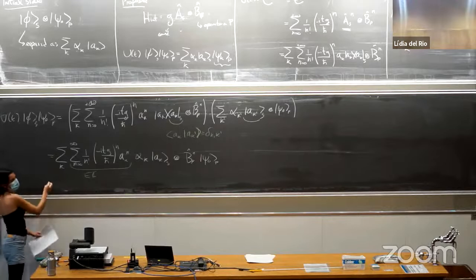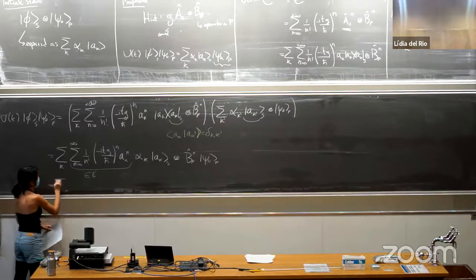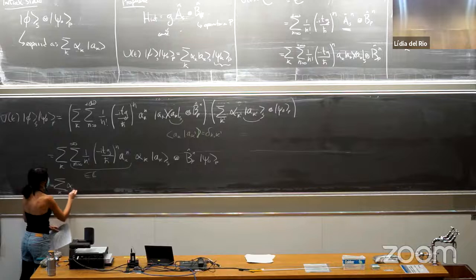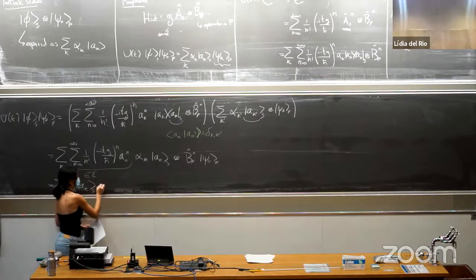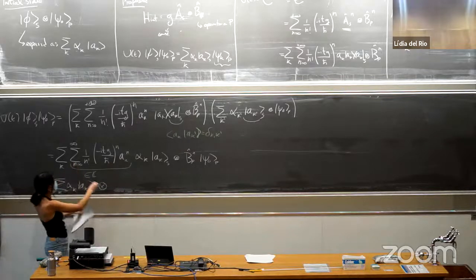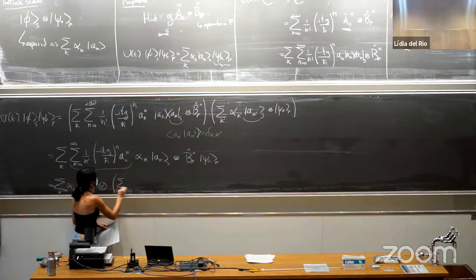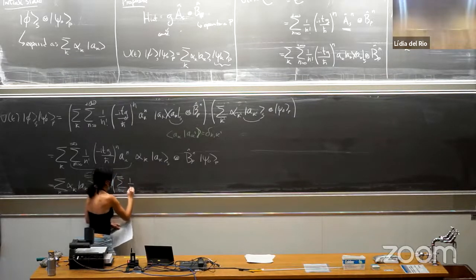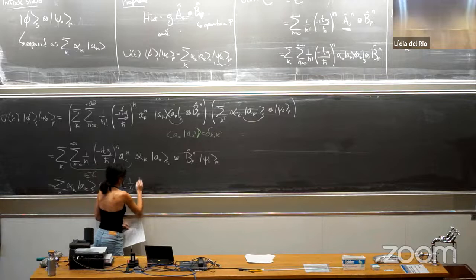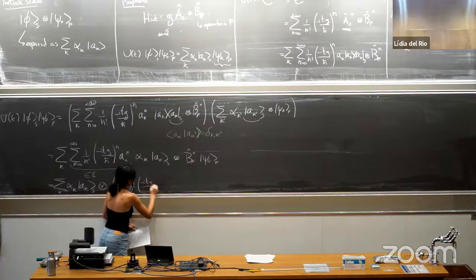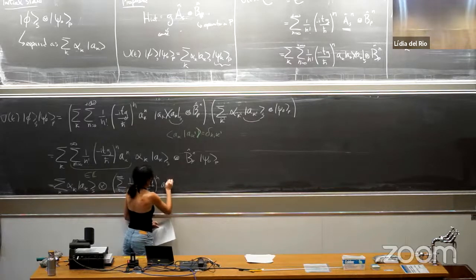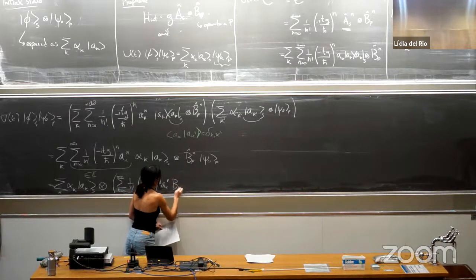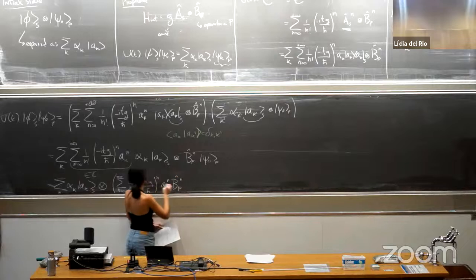And then this is nice because we end up with the sum over k, alpha k, A_k on the first, and then in the second one, we have this sum, this whole thing.